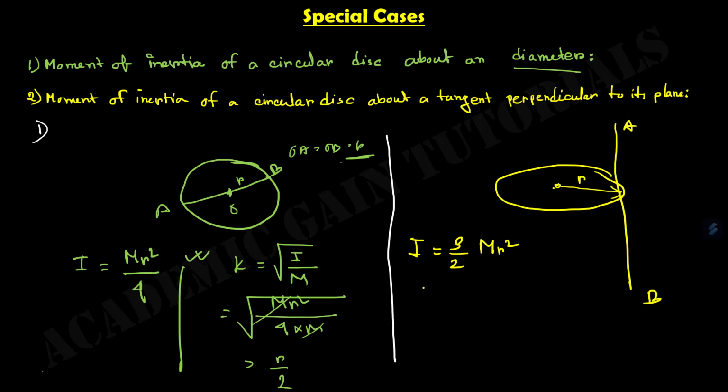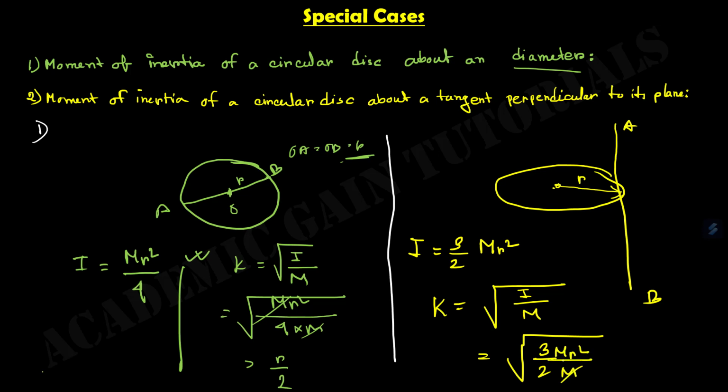For the second case, the radius of gyration will be root over I by m, which equals root over 3 by 2 m r square divided by m, which equals root over 3 by 2 r.